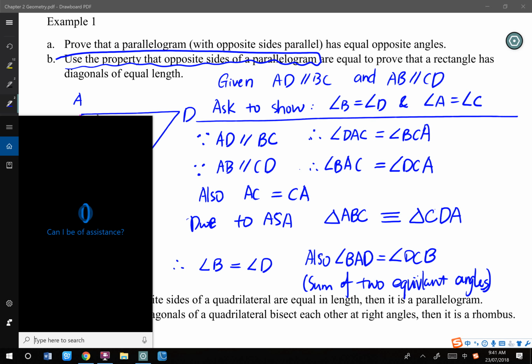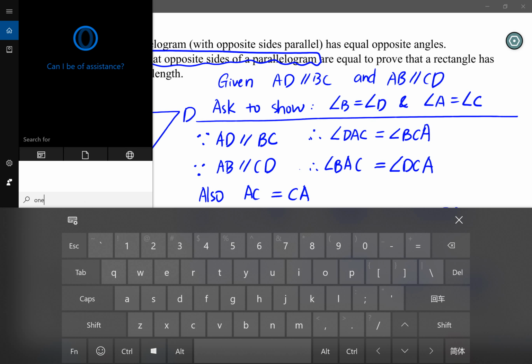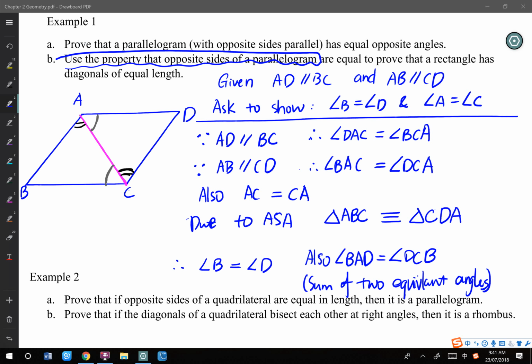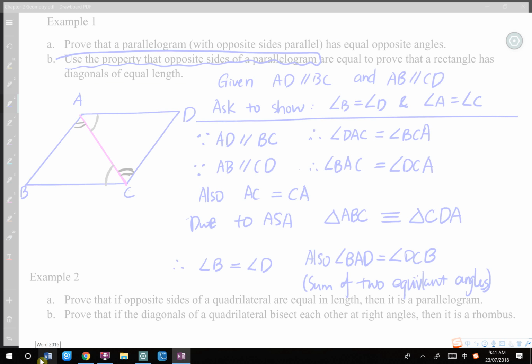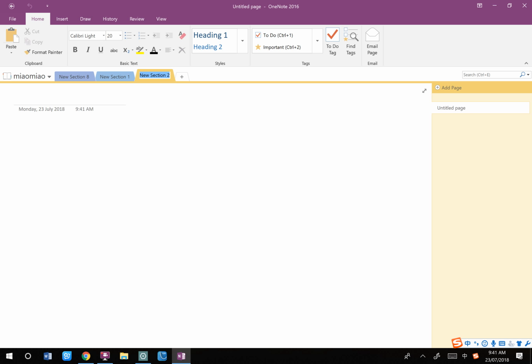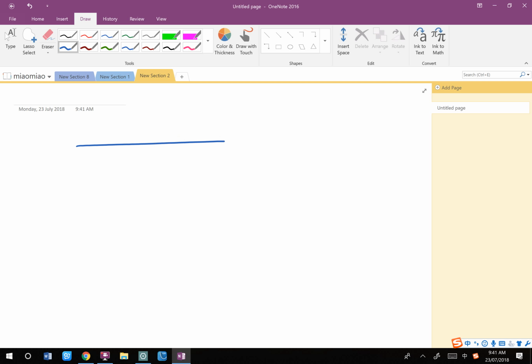I better open another page here. Prove that a rectangle has equal diagonals. So what I will do is I draw a rectangle. Draw a rectangle ABCD.